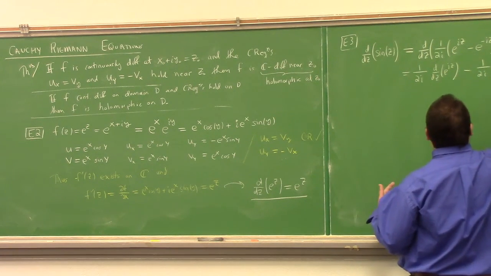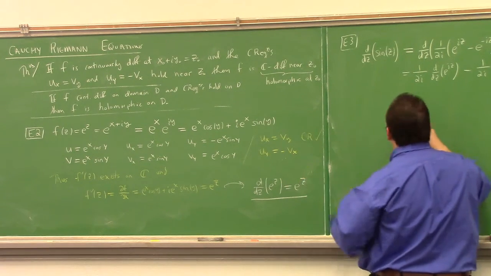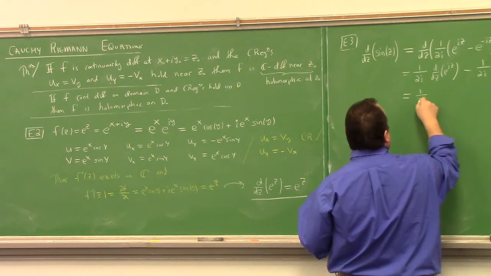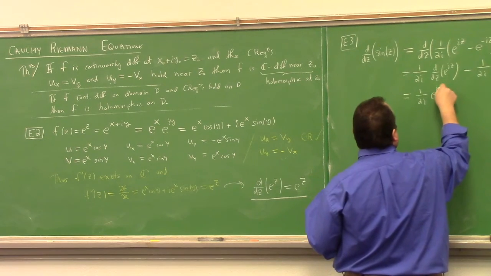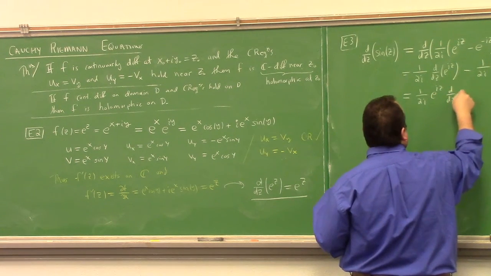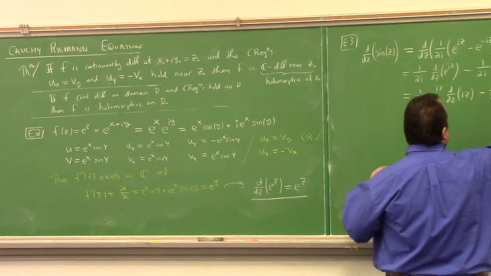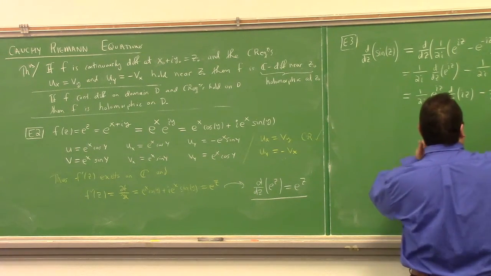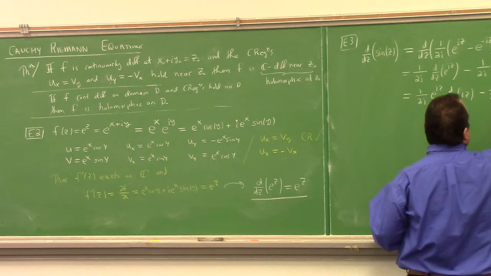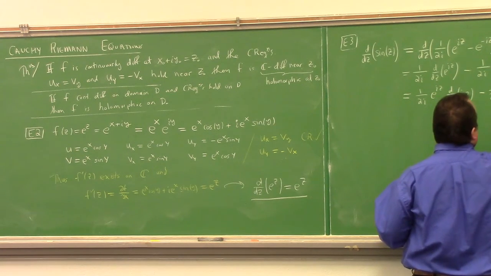But then by the chain rule, in example 2, 1 over 2i e to the iz d dz of iz, 1 over 2i e to the minus iz d dz of minus iz.